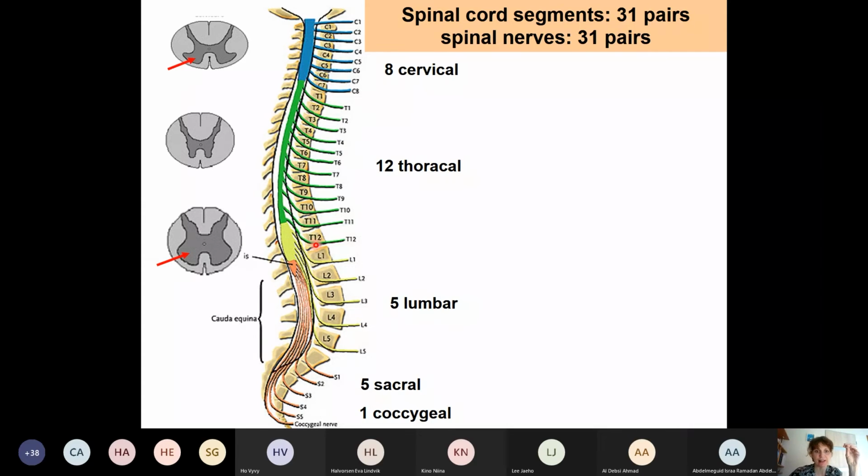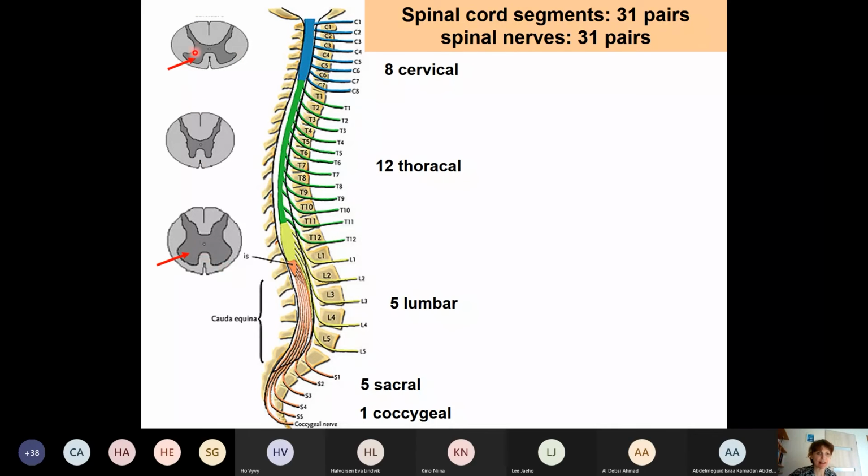And in the other areas, so in the thoracal and lumbar and sacral parts, the nerves always exit under the corresponding vertebra. So we have altogether 12 pairs of thoracal and 5 pairs of lumbar, 5 pairs of sacral and 1 pair of coccygeal nerves. And as you can see, the roots must descend to reach the appropriate intervertebral foramen.